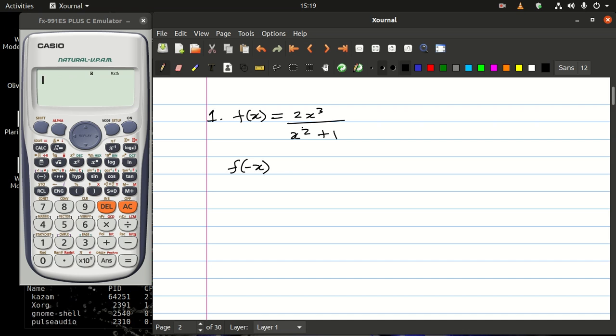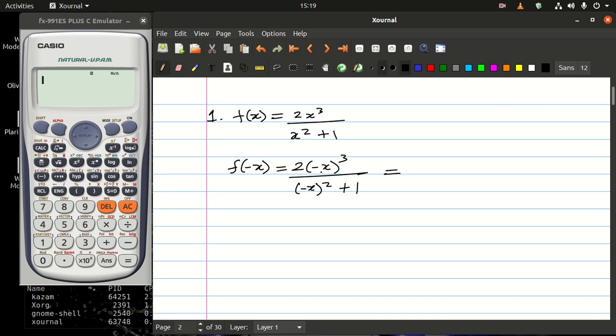If you plug in minus x in this function, we're going to get 2 times minus x cubed all over minus x squared plus 1. Now all you need to do is plug in minus x where there is x, and then evaluate what you are getting.